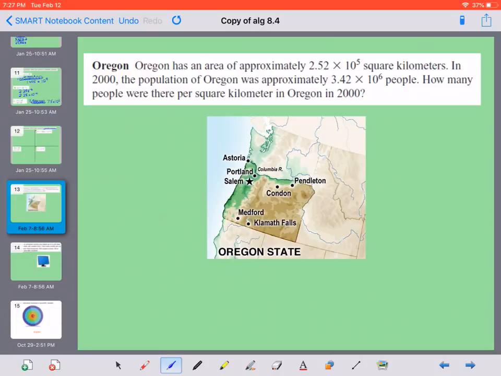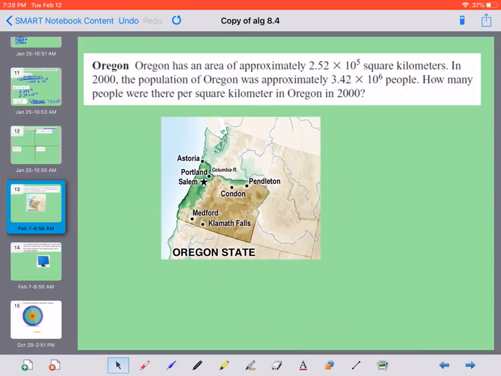Alright, so it says Oregon has an area of approximately 2.52 times 10 to the 5th square kilometers. In 2000, the population of Oregon was approximately 3.42 times 10 to the 6th people. How many people were there per square kilometer in Oregon in 2000?